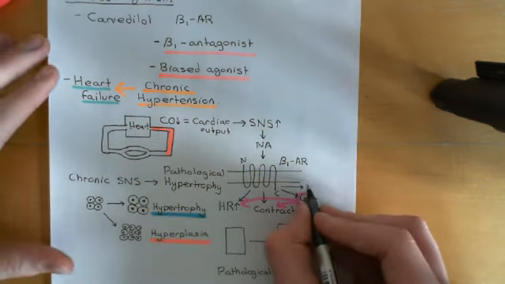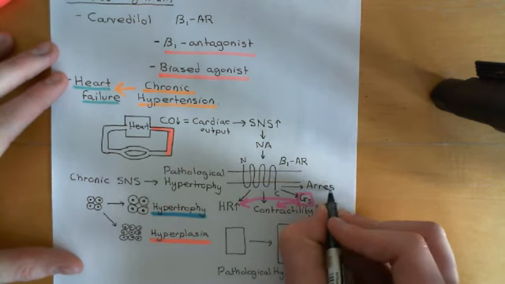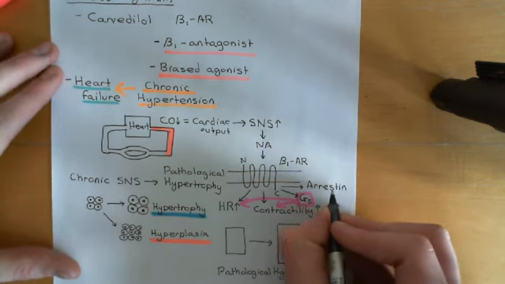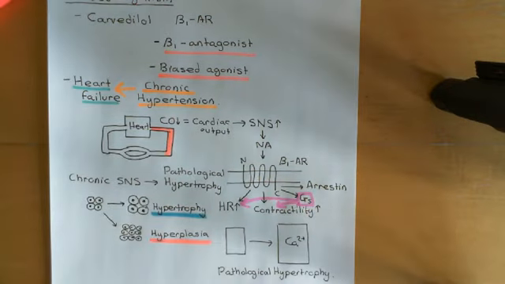However, beta-1 adrenergic receptors can also activate arrestin. And the arrestin can then lead to the desensitization of the cardiomyocytes to noradrenaline, the removal of the beta-1 adrenergic receptors from the cell membrane of the cardiomyocytes.